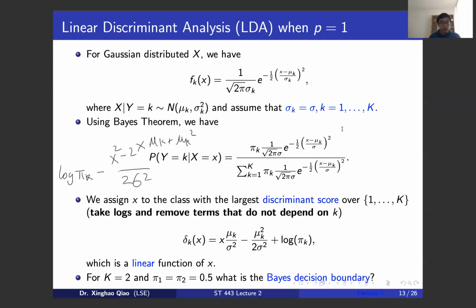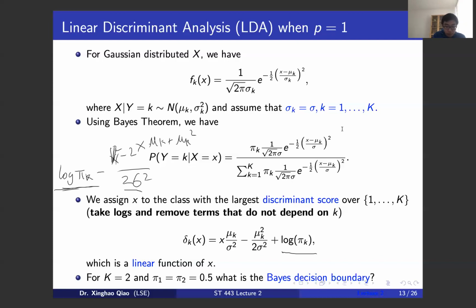So we need to calculate this value for different values of k. We can just remove those terms that do not depend on k. The first term depends on k, so it still remains. For the second term, minus x squared divided by 2 times sigma squared, it is a constant over k, so we can ignore it.